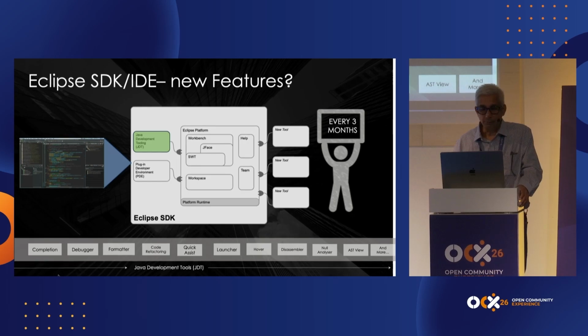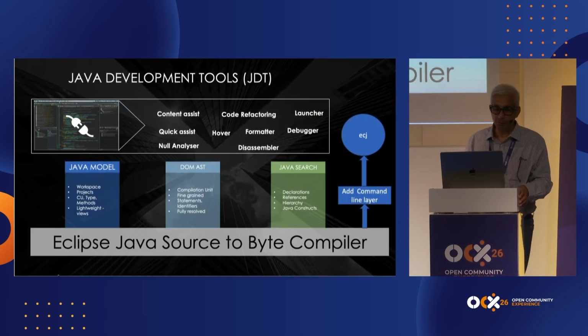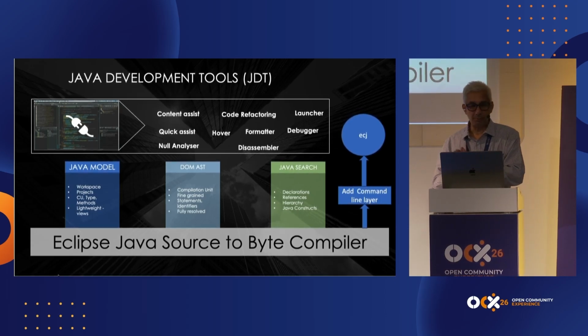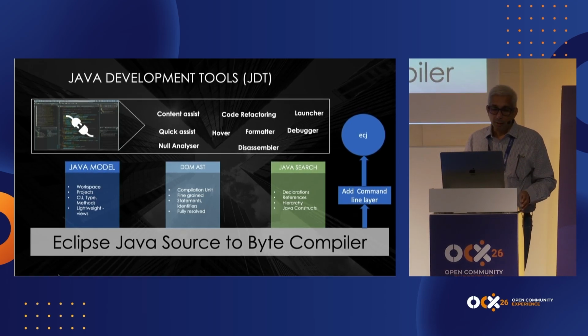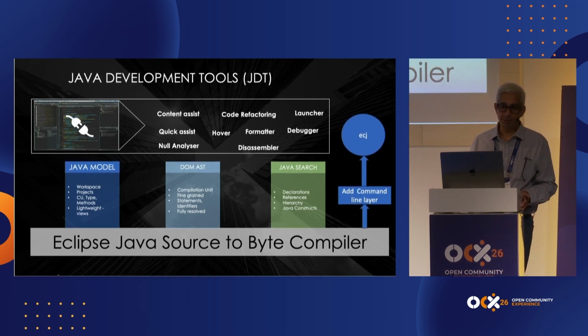Anyway, what exactly does JDT contain? Java development tools provide these features based on 3 pillars of JDT, what we call, that is Java model, DOM AST, and Java search. These details are irrelevant for this particular talk, but the one which is the foundation on which these pillars rest, that is the bottommost layer, that is the Eclipse Java source to byte compiler.